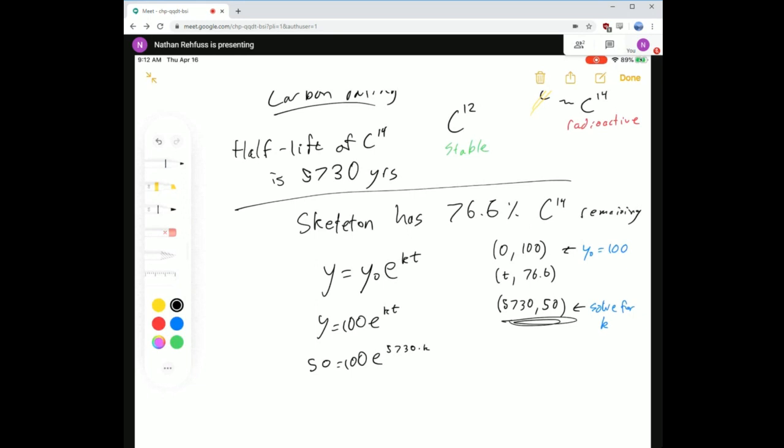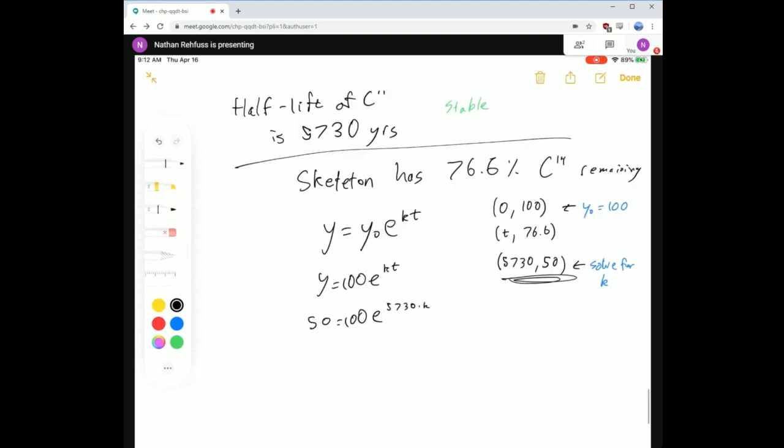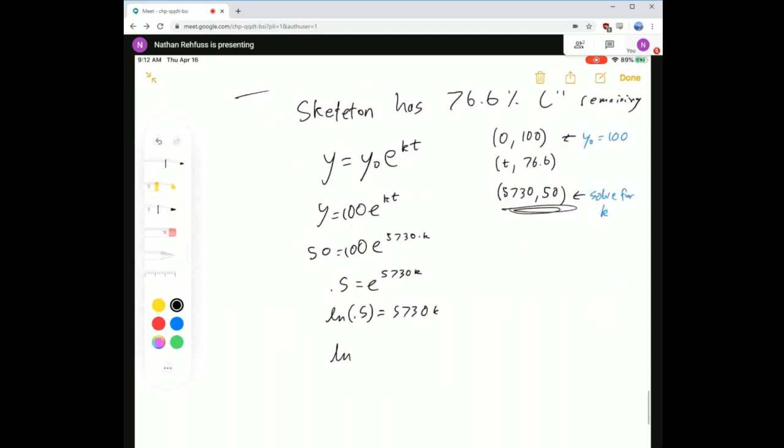We've seen these steps a dozen times today. 0.5 equals e to the 5730k. Natural log of 0.5 equals 5730k. Natural log of 0.5 over 5730 equals k, and that's approximately negative 0.000121. It's decay, so k is expected to be negative.